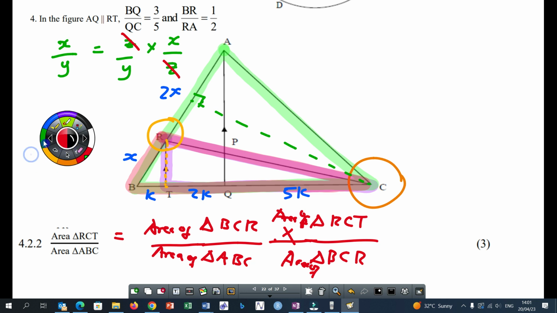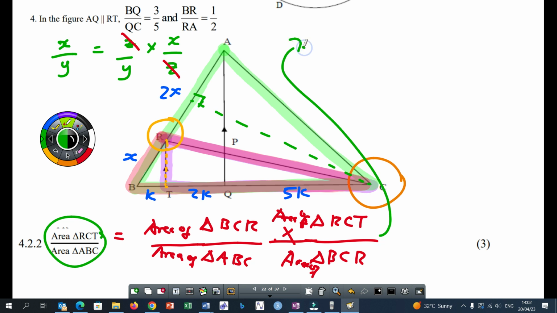Do you see that these two here and those two cancel out and you go back to that? But it will help us to solve the problem. I'm going to carry on.